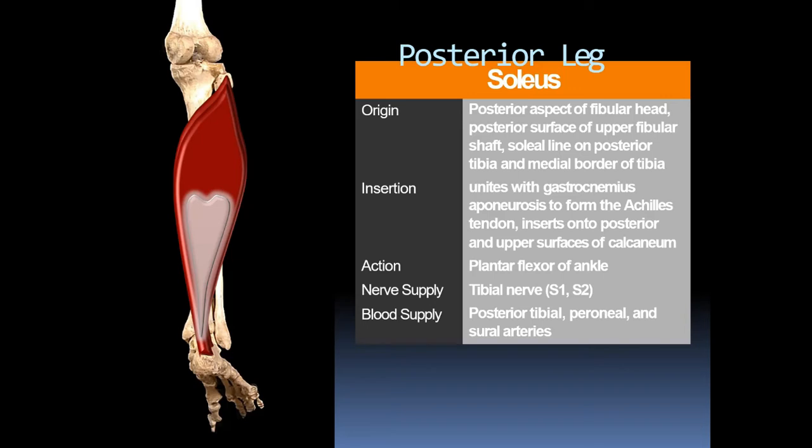Its insertion, it unites with gastrocnemius aponeurosis to form the Achilles tendon, inserts onto posterior and upper surfaces of calcaneum. Its action, plantar flexor of ankle. Its nerve supply is from tibial nerve, whose root value is S1, S2, and its blood supply is from posterior tibial, peroneal and sural arteries.